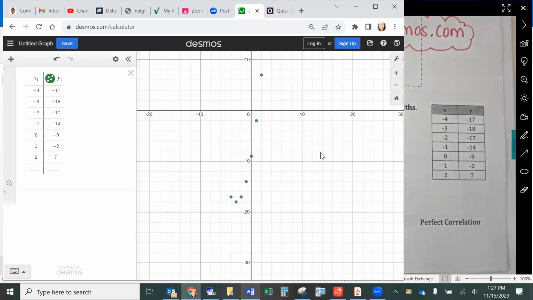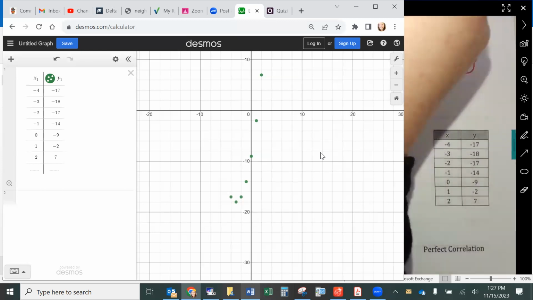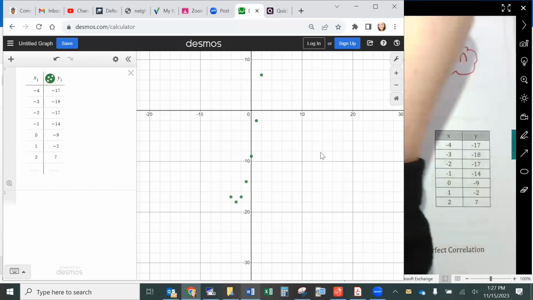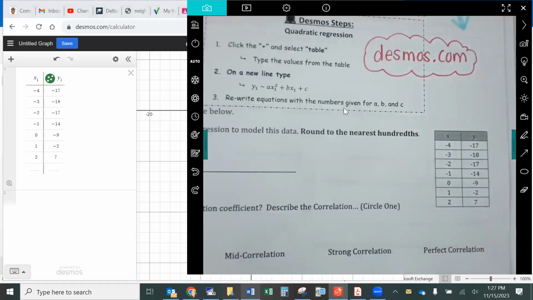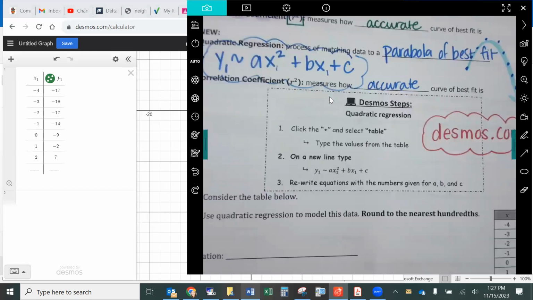We're going to type this equation into the online calculator. I'm going to put it back up on the screen. It's right here.